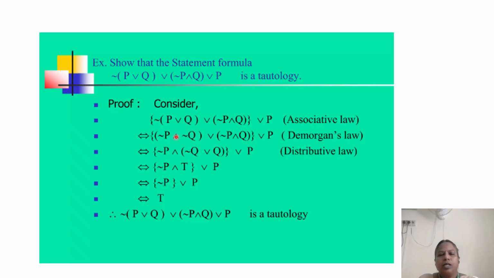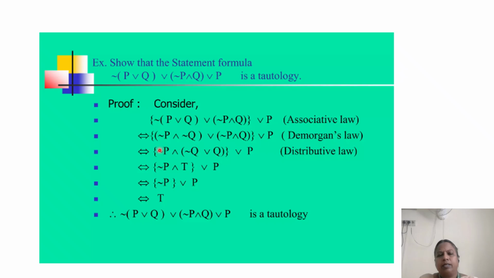P. Now we see that ¬(P ∨ Q) is ¬P ∧ ¬Q. Now you can see that we have two different symbols, AND inside the bracket and OR outside the bracket, and the same statement ¬P is present in both the terms.